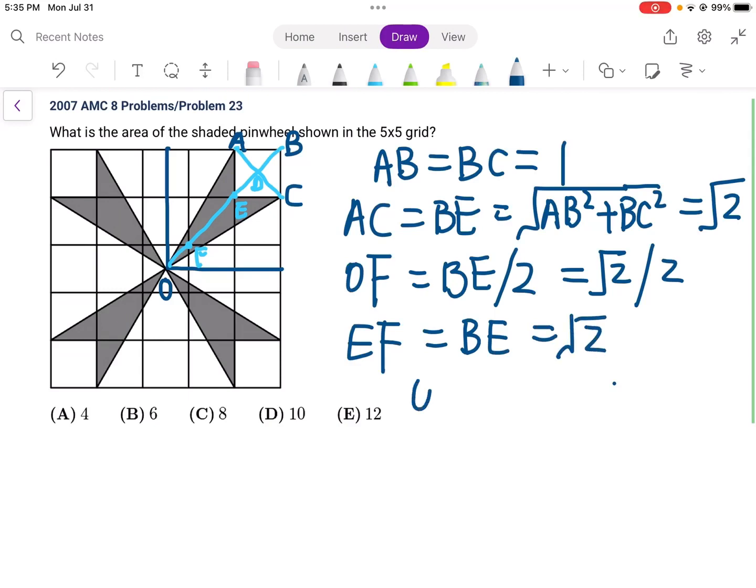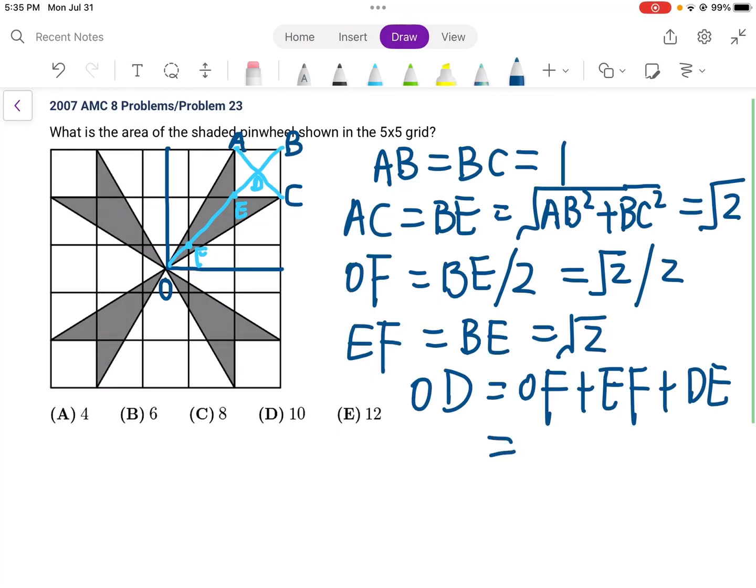So OD equals OF plus EF plus DE, and that's 2 multiplied by the square root of 2.